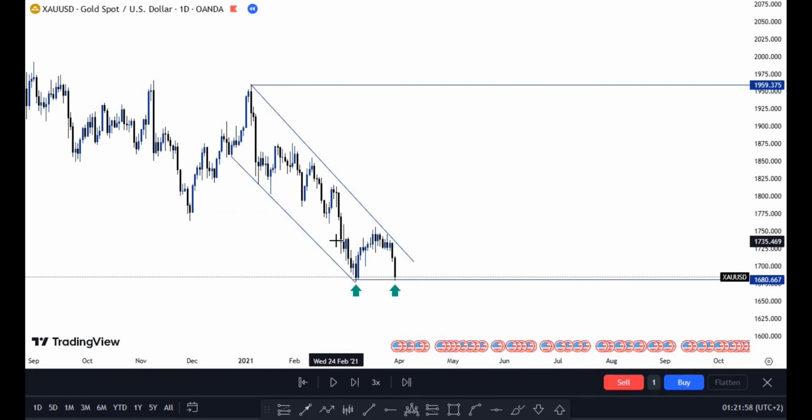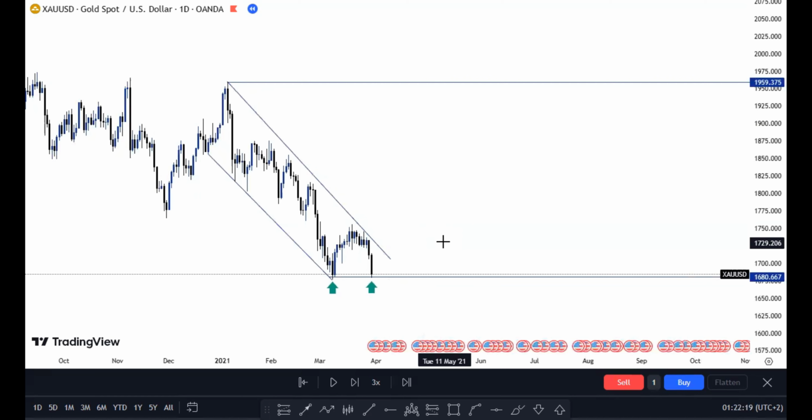What are we anticipating in this descending structure? We are anticipating a buy of up to 90%. We are calling this the 90% rule. In order for us to catch 90% of the previous descending channel, we have to identify where our previous low was.